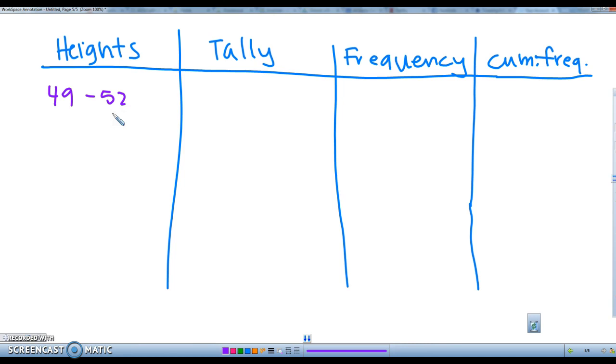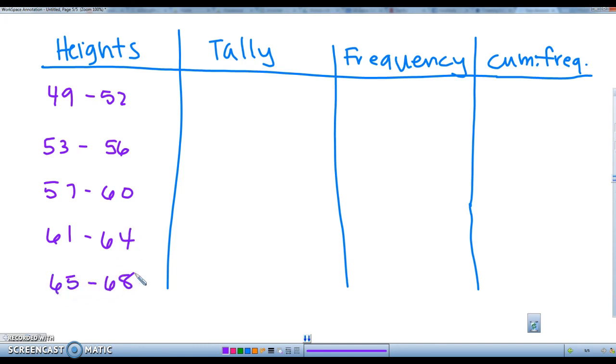So 4 numbers big. Then 53, 54, 55, and 56 would be my fourth one. 57 to 60, 61 to 64, and then 65 to 68. I probably don't need to go above that for this one.